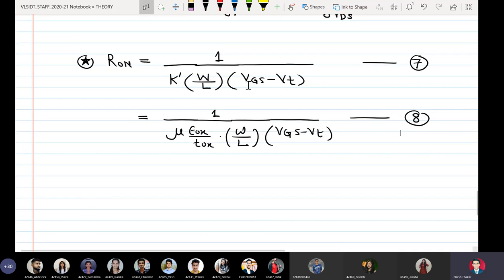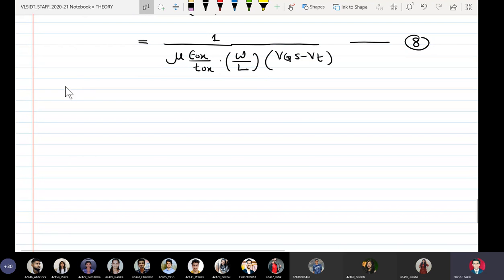Now we have to write equation number 8 for both PMOS and NMOS.